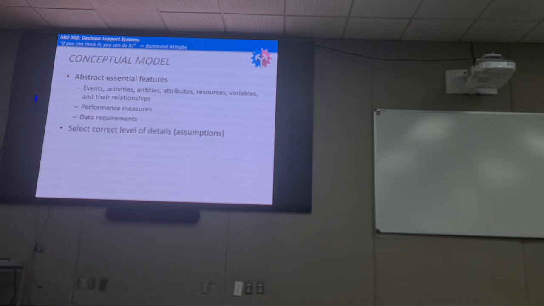The conceptual model captures many things: events, activities, entities, attributes, resources, variables. This is where we have to become formal. Formal meaning that in systems analysis and design you have five things you have to address, right? So in simulation you have to address these ten things. When you work on your project, I need to see where your events are, where your entities are, where your activities are, where your attributes are.